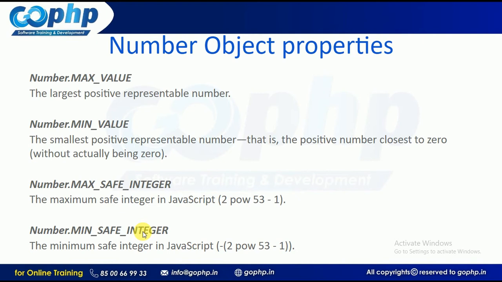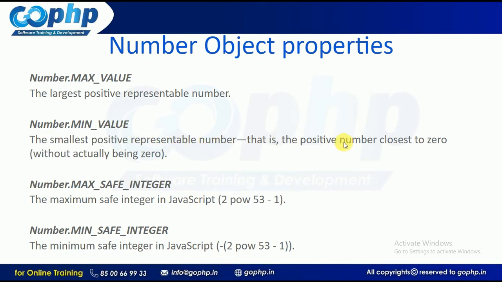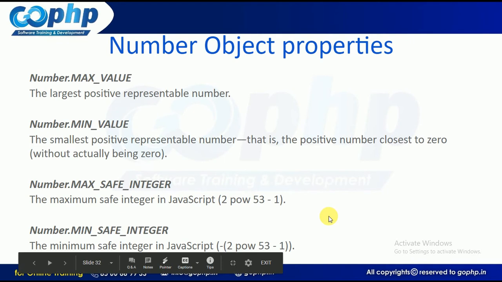So this is exactly, guys, the largest positive representable number, and MIN_VALUE means the smallest positive representable number, that is the positive number which is closest to 0, guys, right? Let us see what is the maximum value and what is the min value which we can hold in a number, as well as the MAX_SAFE_INTEGER and MIN_SAFE_INTEGER, we will see, guys.